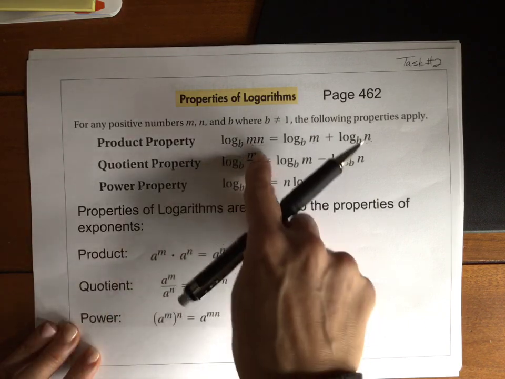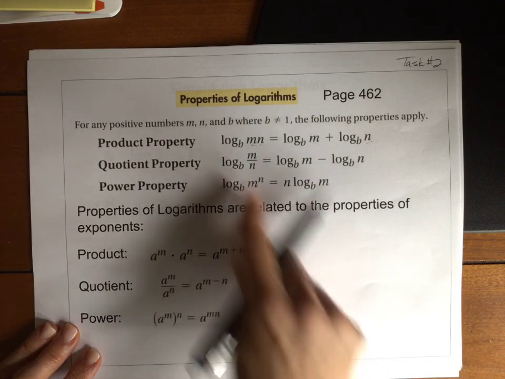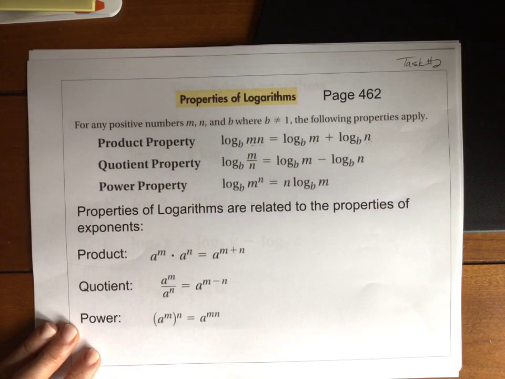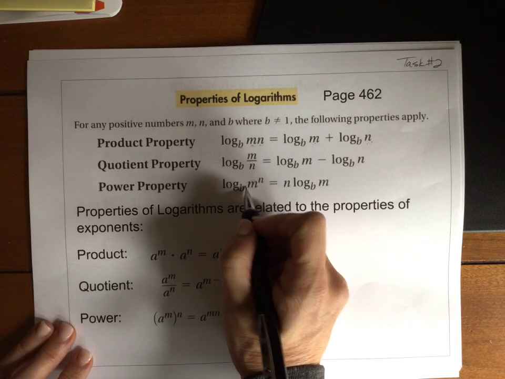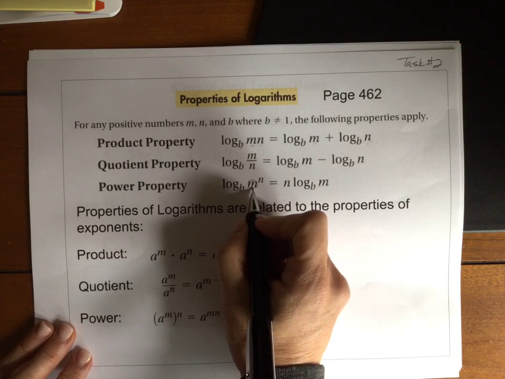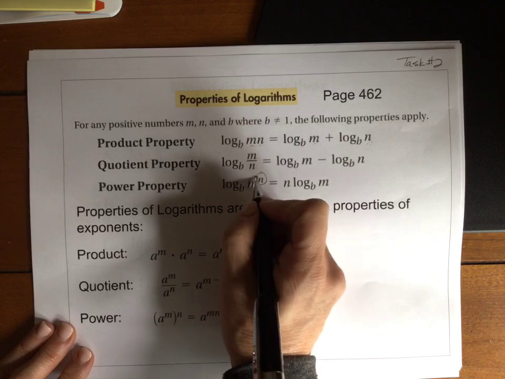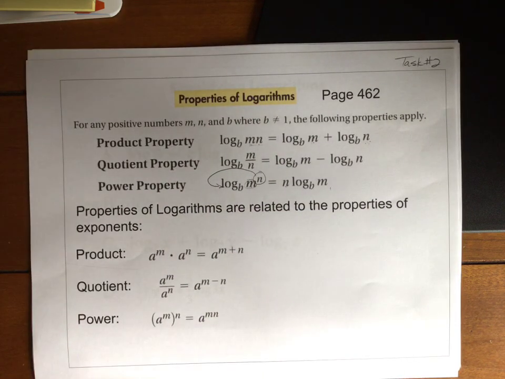The quotient property, if I'm dividing two things, then that ends up being subtraction. Multiplication, addition, division, subtraction. And then the power property, if I have some expression or some variable there to an exponent, then that exponent comes out front and I end up multiplying it by the whole thing, and that is called the power property.